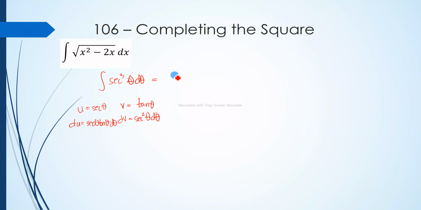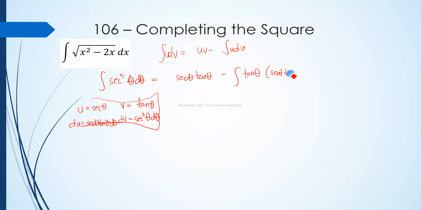So this is in the form integral of u dv, which should be equal to uv minus integral of v du. So uv, we have secant theta tangent theta, minus the integral of v du, where v is tangent theta and our du is secant theta tangent theta d theta.